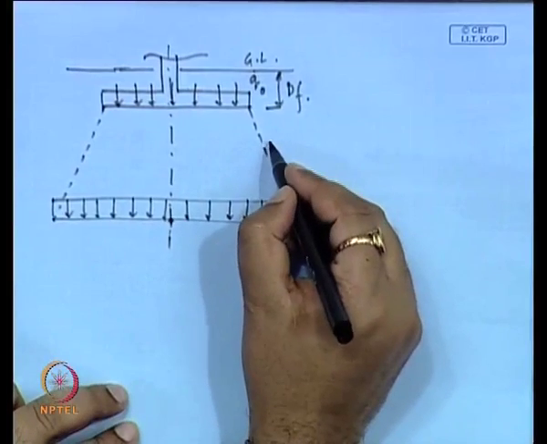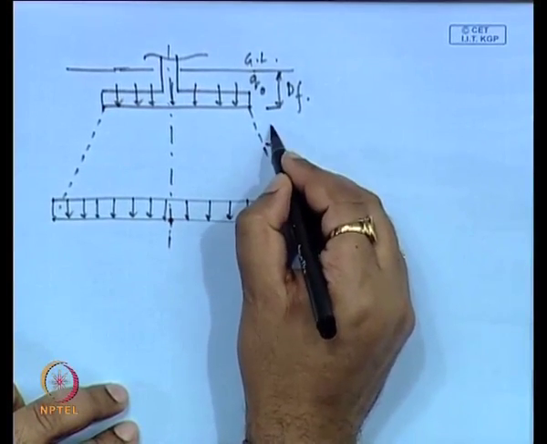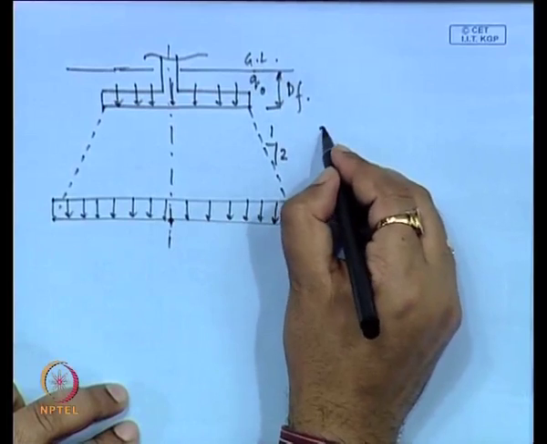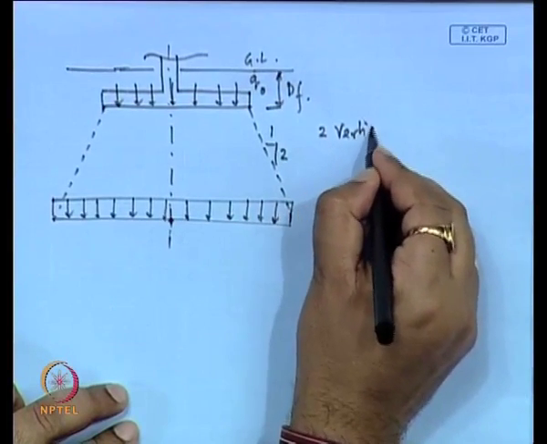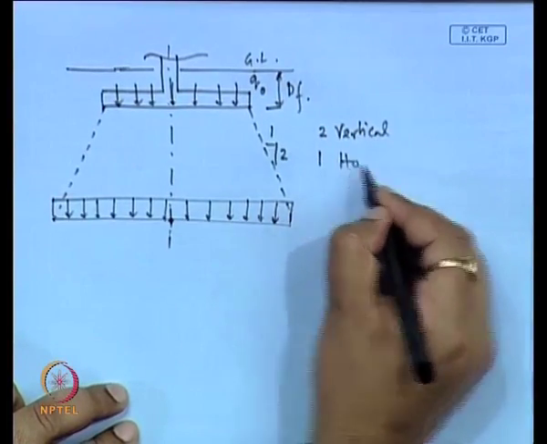Here it is assumed that the distribution is 2 vertical to 1 horizontal.